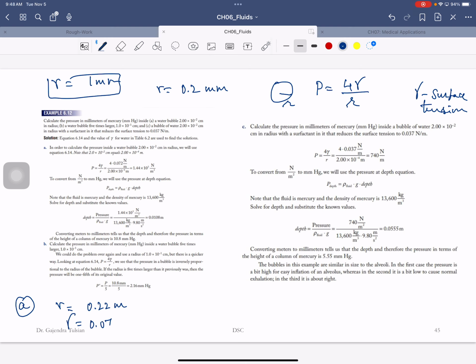Using this formula we've calculated, the pressure for part A is 10.8 millimeters of mercury.